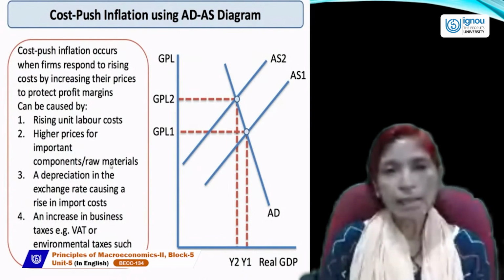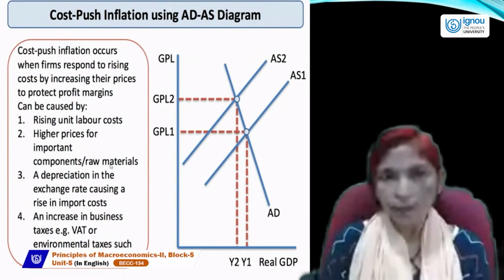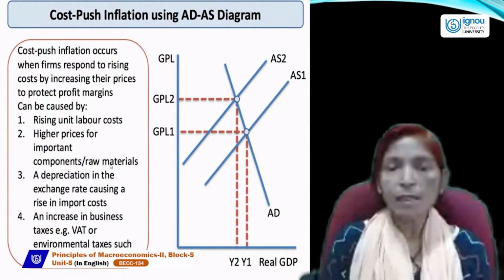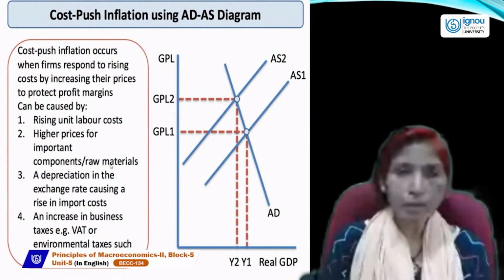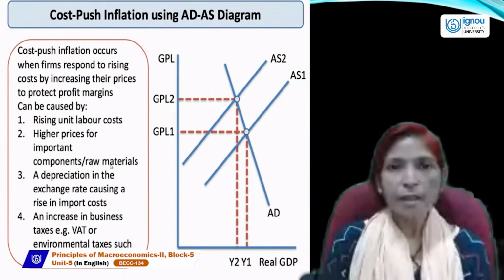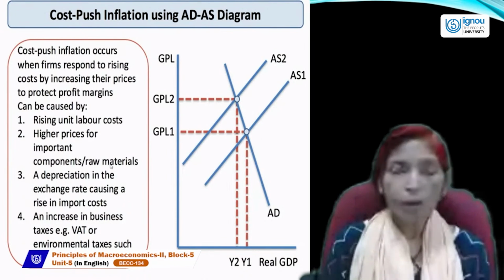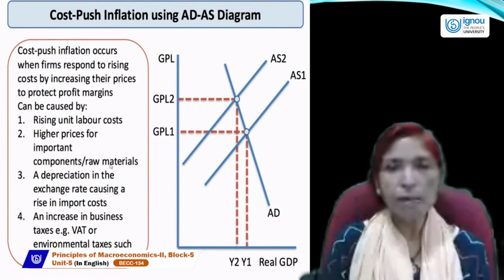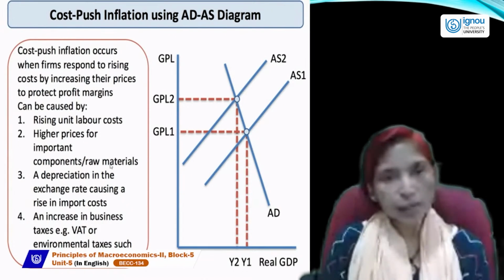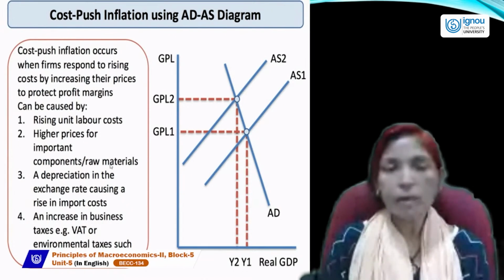If there is an increase in the cost of production, then price level will also rise because cost is related to producers. If producers are using a higher cost of production, they will produce less, because if the cost of production increases, their profit margin will fall, and due to the fall in their profit margin, they will produce less.